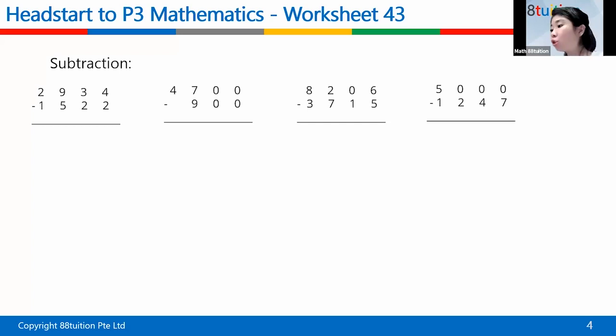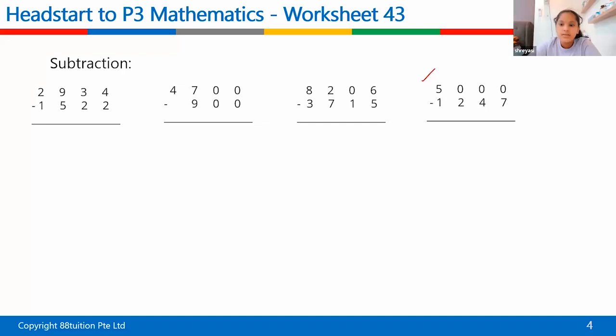Shriyasi, can we show the class how to do the last question together? The last question. Do I have to do the working? No, you just explain it out. Okay. So 0 cannot minus 7, right? So what can I do?